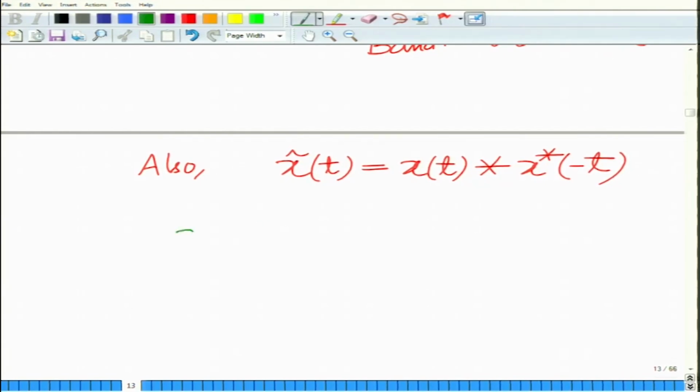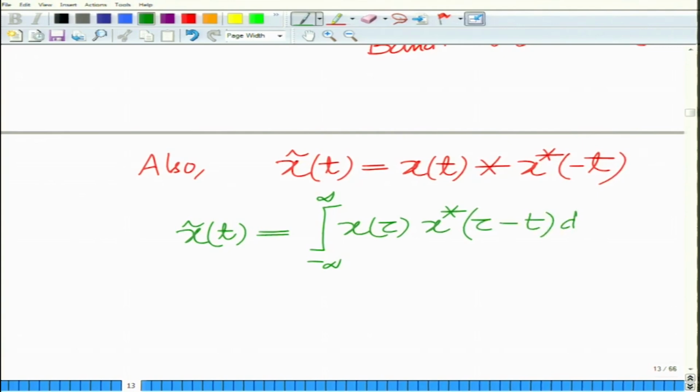Now, therefore, we can write it as x tilde t equals the integral from minus infinity to infinity of x of tau x conjugate of tau minus t d tau, or this can also be written as an integral from minus infinity to infinity.